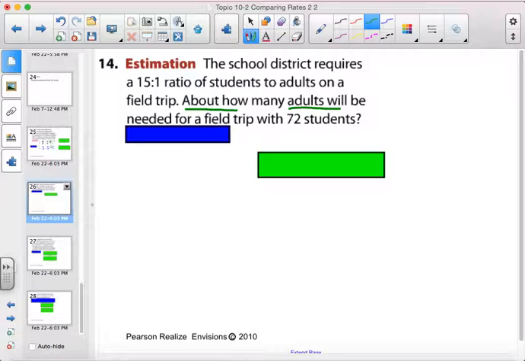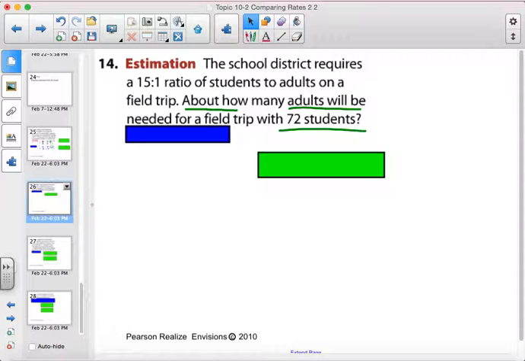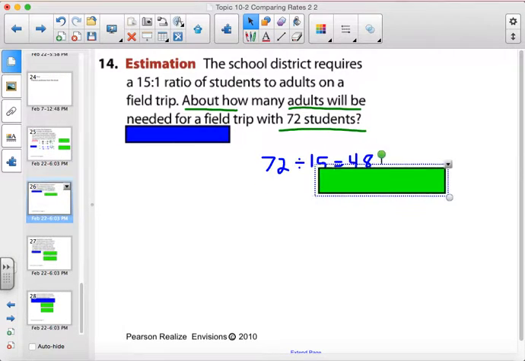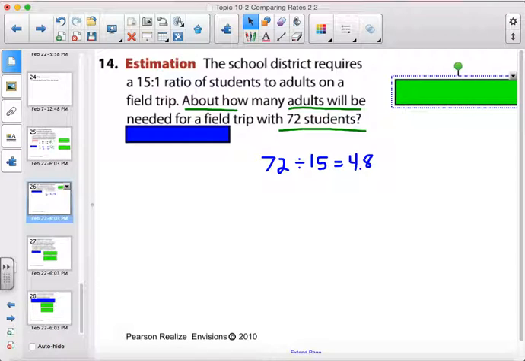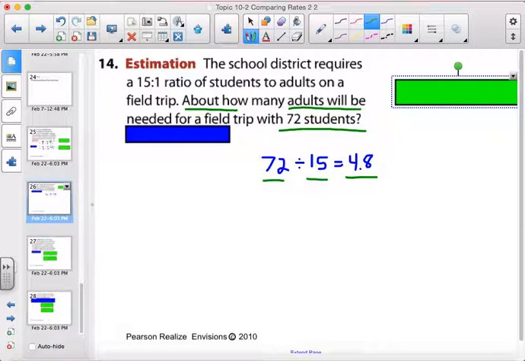About how many adults will be needed for a field trip with 72 students? Well, the easiest way to solve this problem is to simply find out how many adults you're going to need. How many sets of 15 are in 72? In this case, you would divide 72 by 15, and you get 4 8/10.